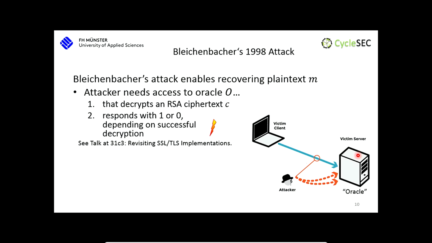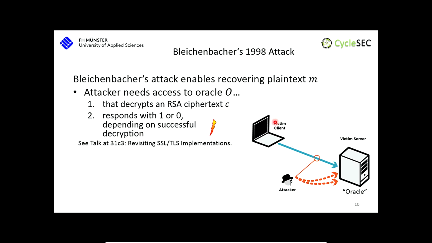That's a cryptographic term for nothing else than a service that accepts an arbitrary ciphertext, and it will decrypt this ciphertext, so it needs to have the RSA private key, and it responds with 1 or 0, so true or false, depending on the successful decryption. Right? So if the decryption was successful and the pre-master secret looks somehow valid, then it will say, okay, it's true, or otherwise it's false. So we only get one bit of information from this oracle.